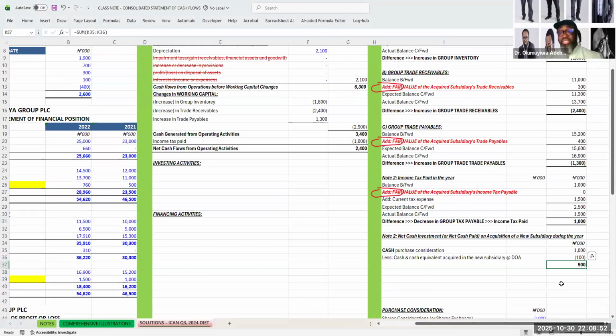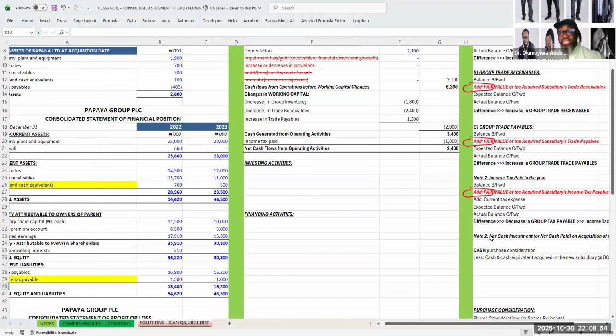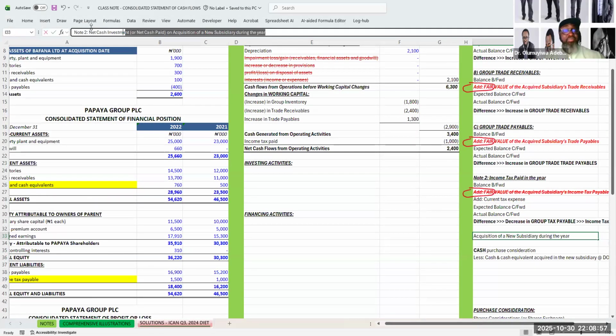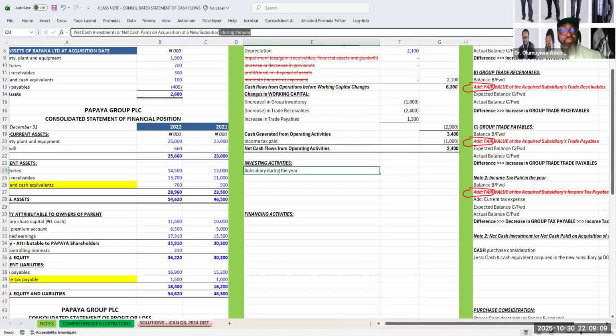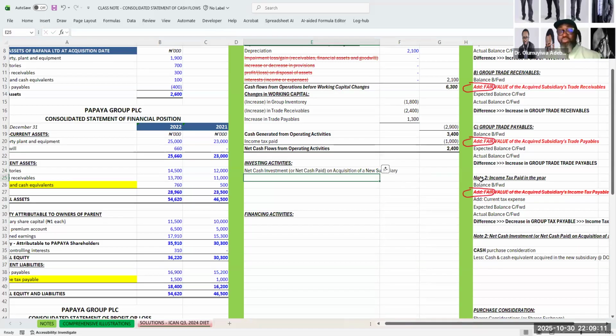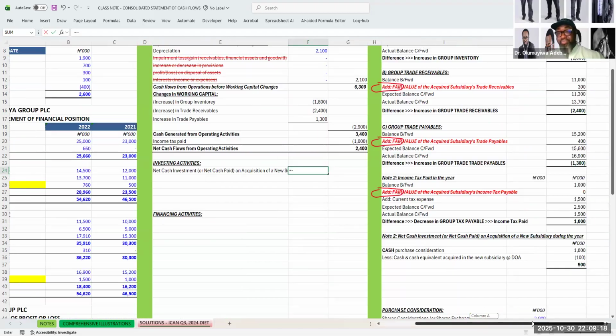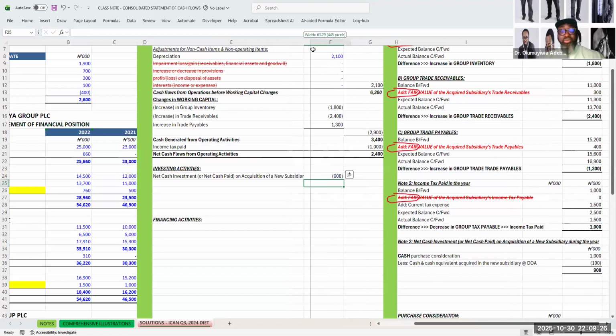And that's the simple implication, which means my net cash investment is nothing other than the negative 900. And because it's an investment, it's an outflow of cash.